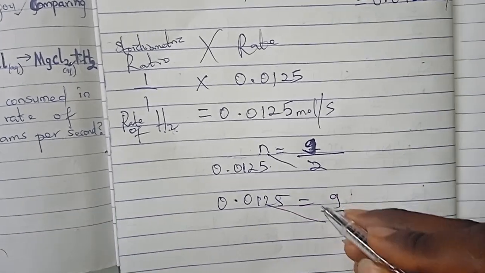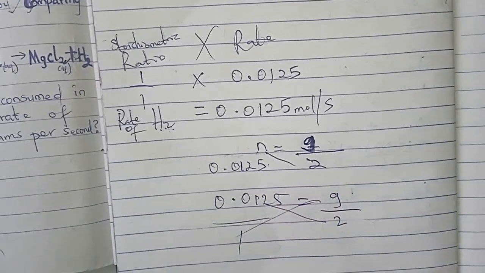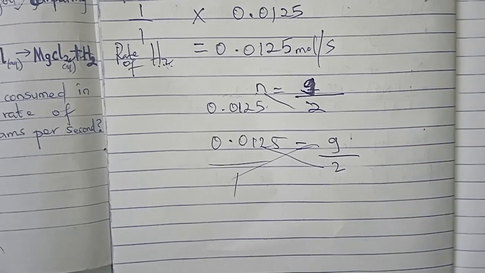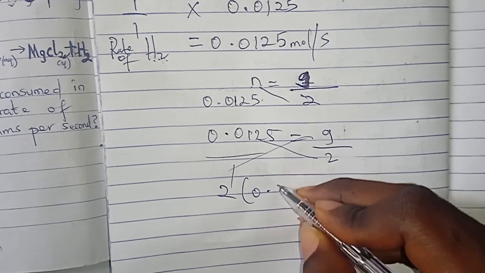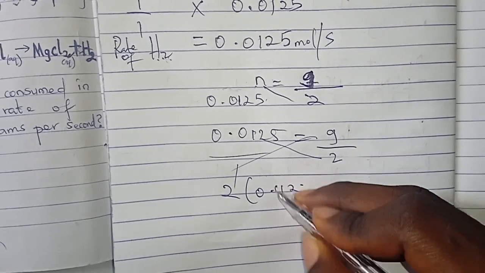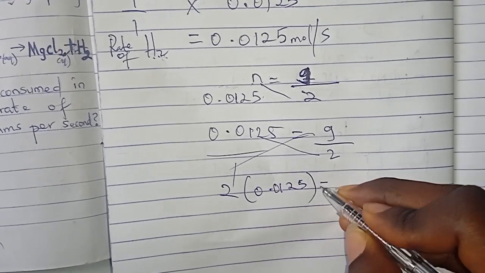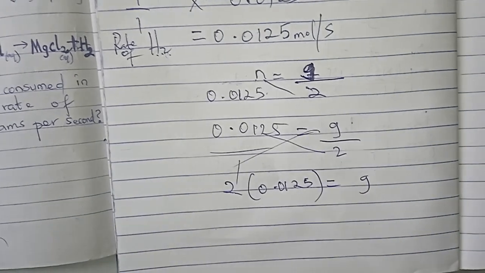So if you cross multiply, you get 2 times 0.0125 equals the gram, and this is going to be mass.